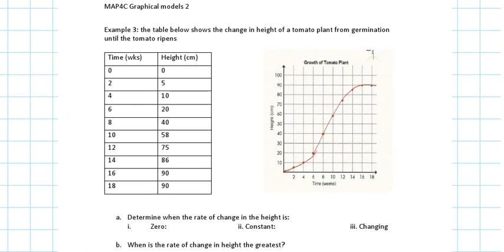So the table below shows the change in height of a tomato plant from germination until the tomato ripens. Determine when the rate of change in the height is 0, constant, or changing. So it's asking us for the rate of change. Okay, so to find the rate of change, I have to do y2 minus y1 over x2 minus x1.